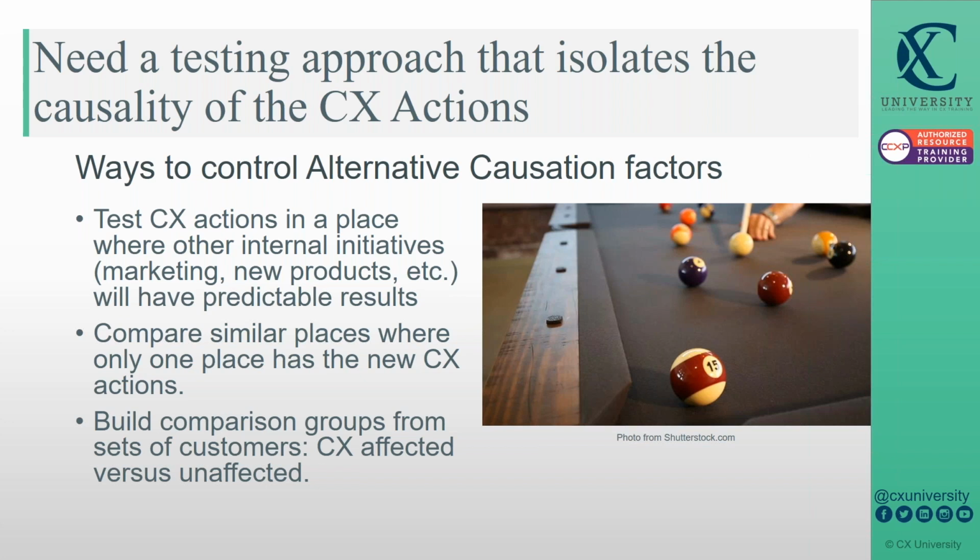That's a test versus control group kind of approach. And again, that one allows those internal other causal factors to be the same in both places, so they're affecting both those places the same, presumably, and therefore any change can be attributed to customer experience.